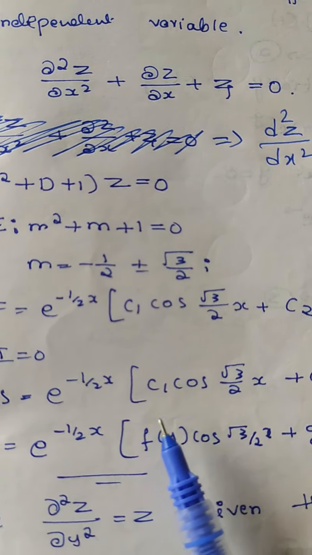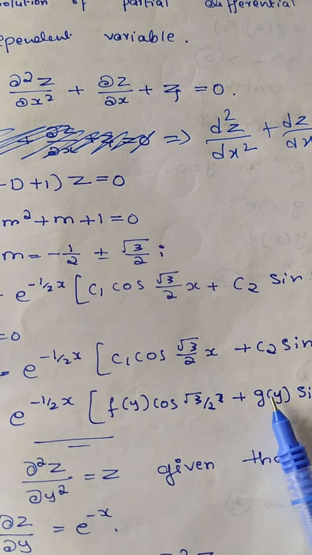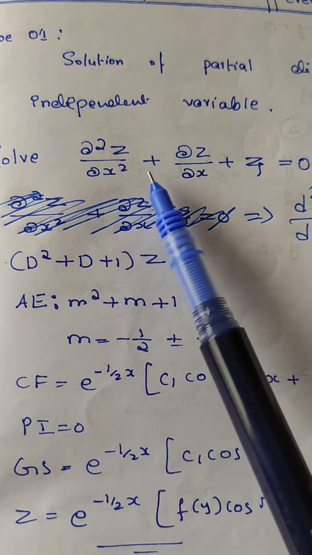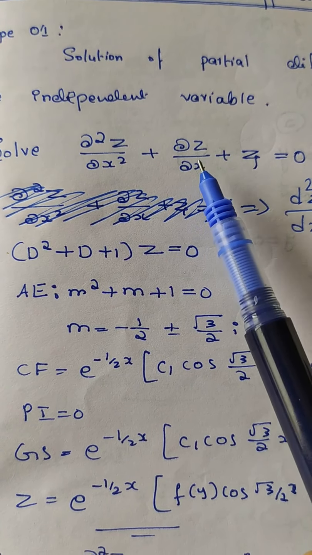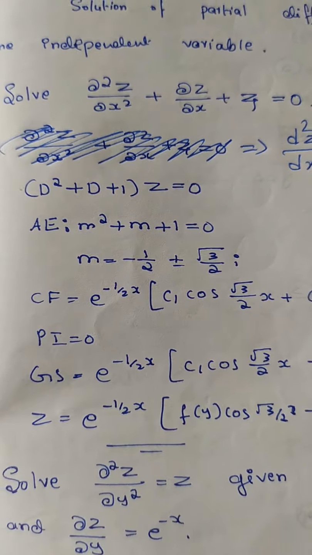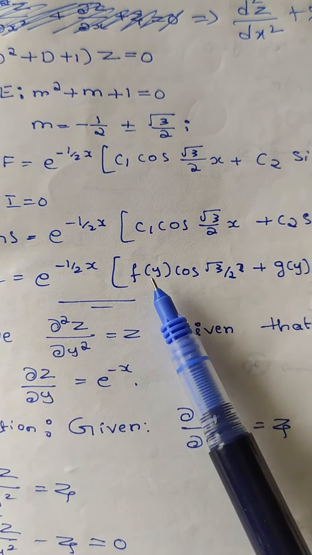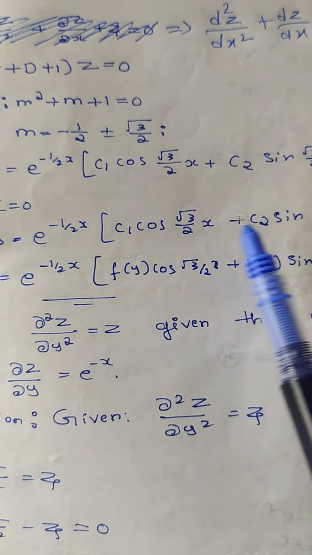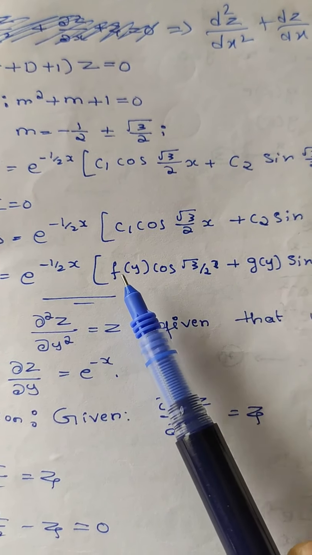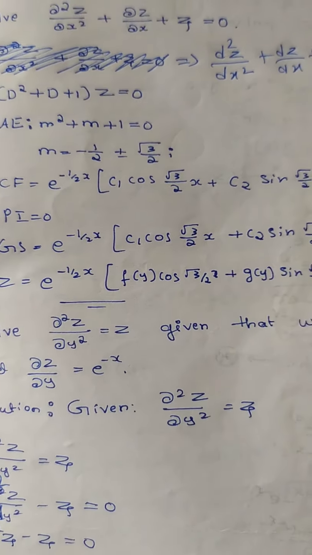Replace C1 and C2 by functions of y, f(y) and g(y), because while finding the partial derivative of z with respect to x, we treat y as constant. In the solution, instead of constants, write functions of y. Since you have two arbitrary constants, replace them with two functions of y. That's it. This is your solution.